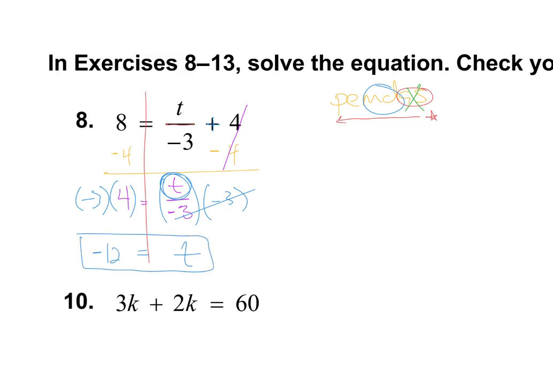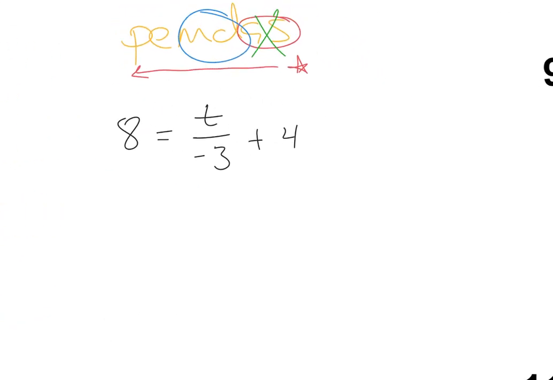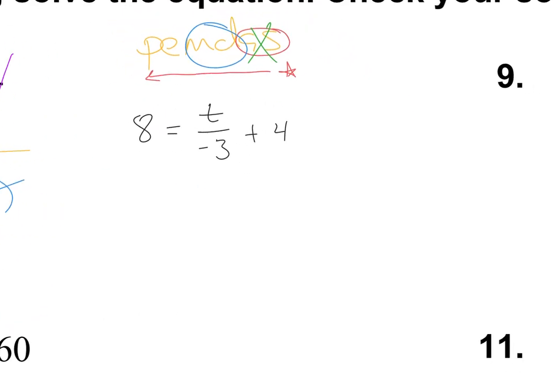Now, I said I'd show you another way, so let's do that real quick. 8 equals t over negative 3 plus 4. I wouldn't do it this way most of the time, but I figured I'll show you an alternative: you could multiply by negative 3. And if you're like, wait, why are you putting parentheses here and here?